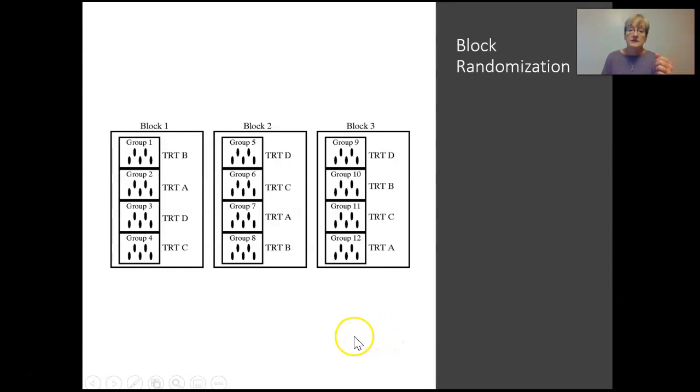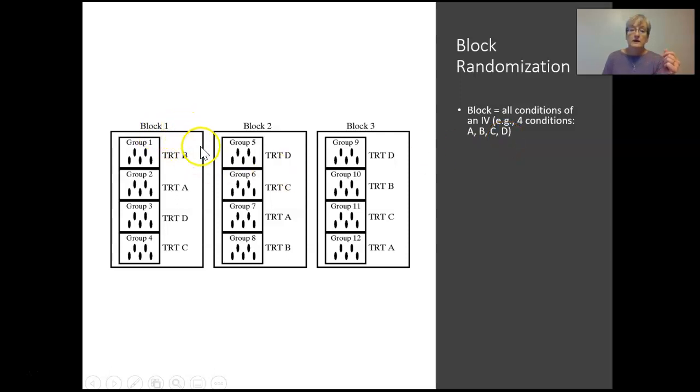Block randomization, I looked for images because I'm a very visual learner, to help you understand how block randomization procedures work. A block refers to all possible conditions of an independent variable. So in the graphic that I find here, you have conditions A, B, C, and D that are all the possibles.